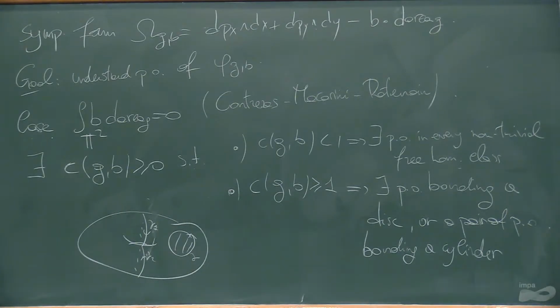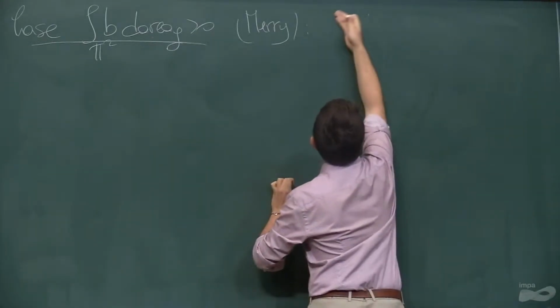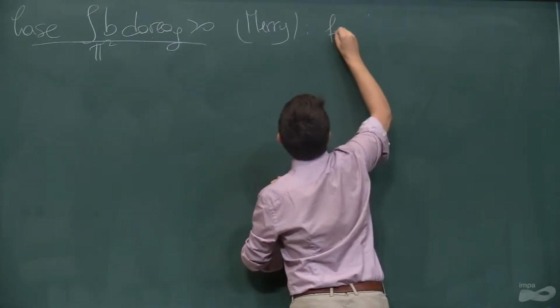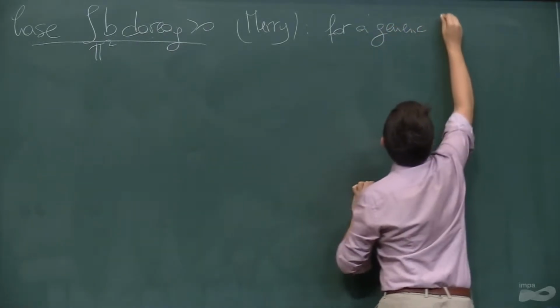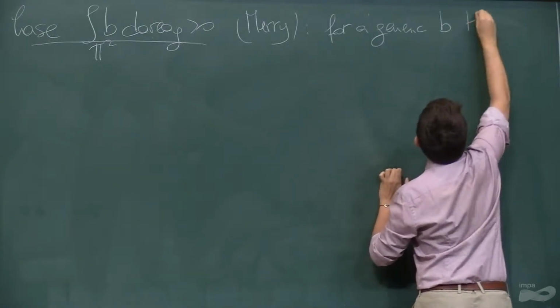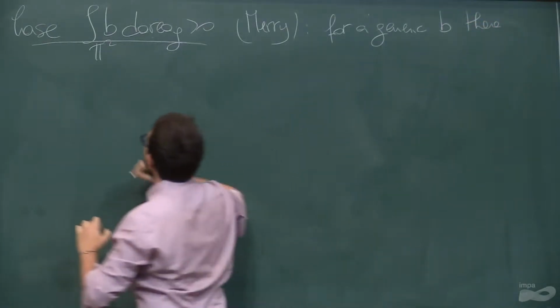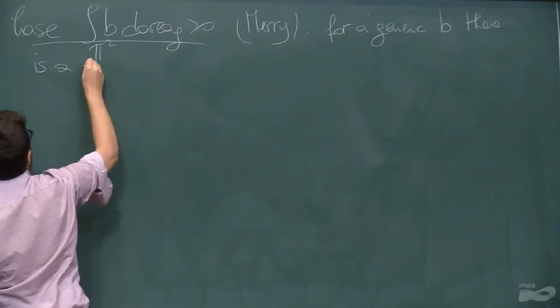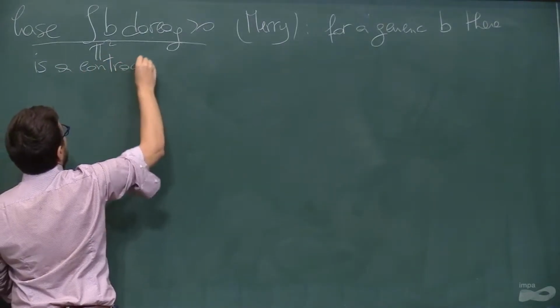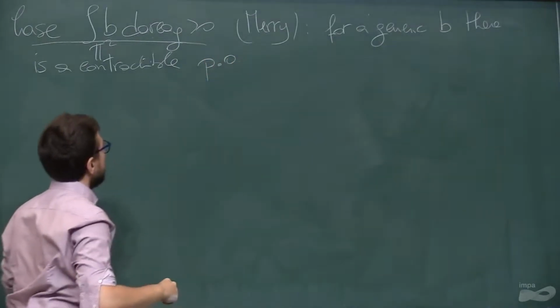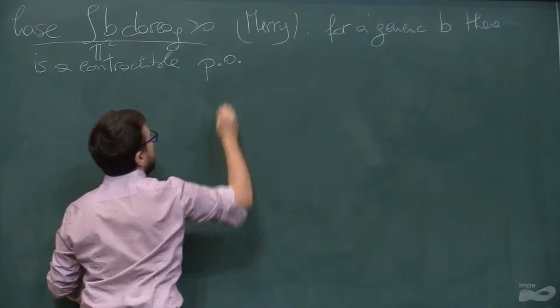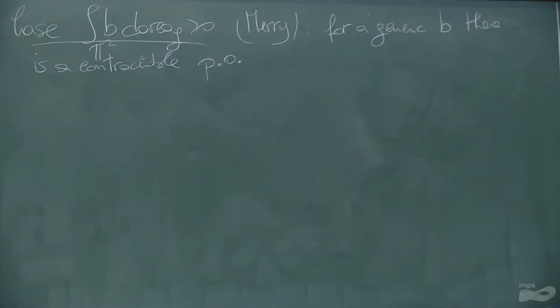And here the main result is due to Will-Murray, which showed that for almost, so let's say for a generic B, so not every B, there is a contractible periodic orbit. Okay, but for example, in this case, we don't know if the orbit is embedded or not.